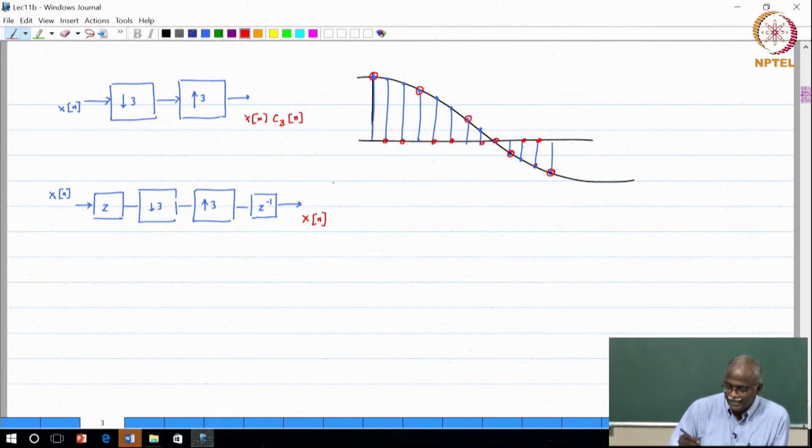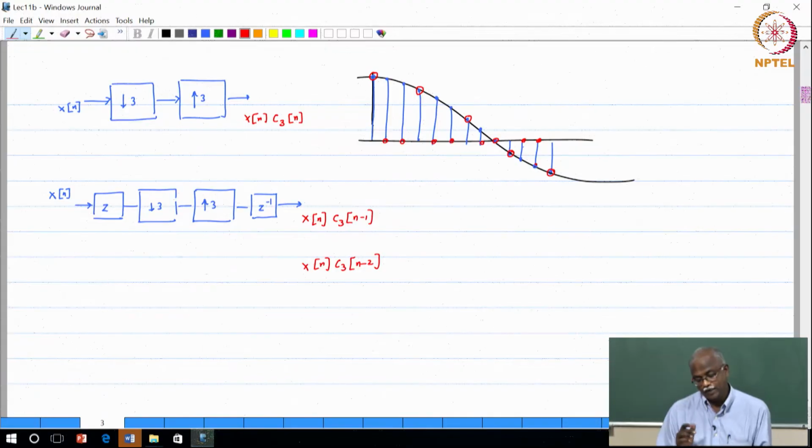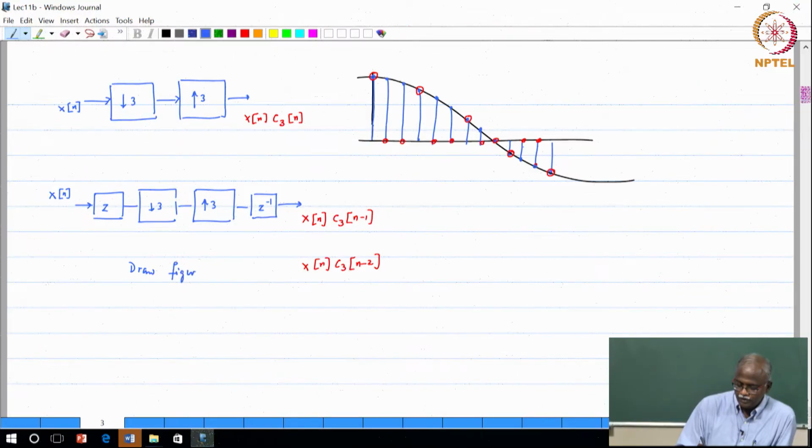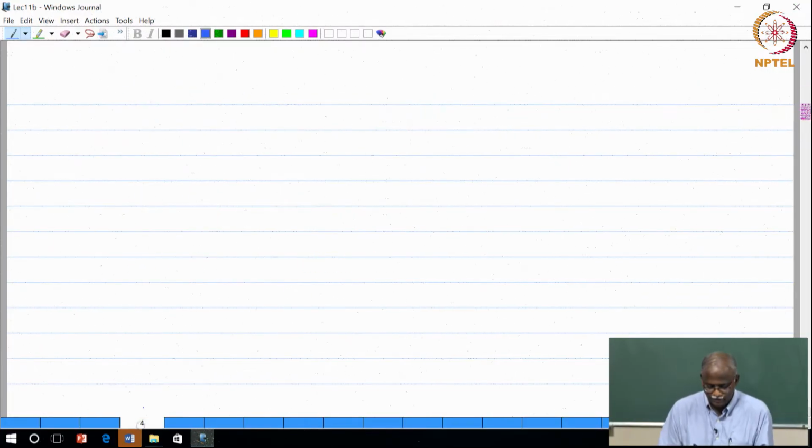So, it is basically a different subsample sequence, C3 of n minus 1, and you can sketch what that looks like. Also you can modify this block to get x of n C3 of n minus 2. Basically, it will be z squared and z minus 2. Please draw the figure; you can try it out.